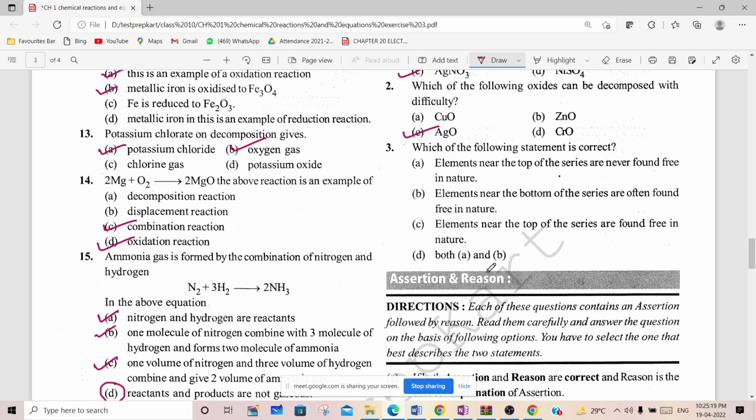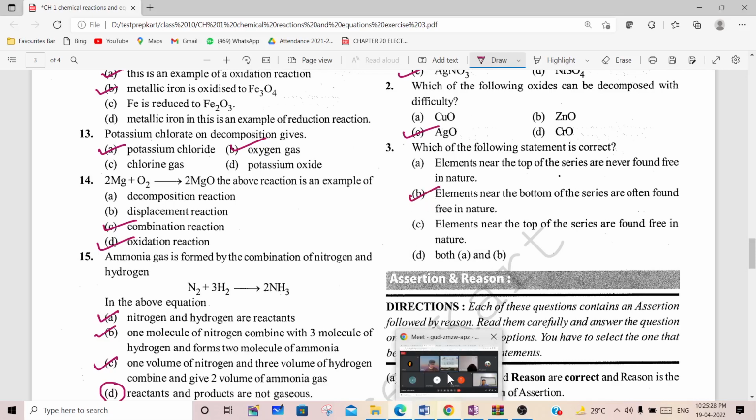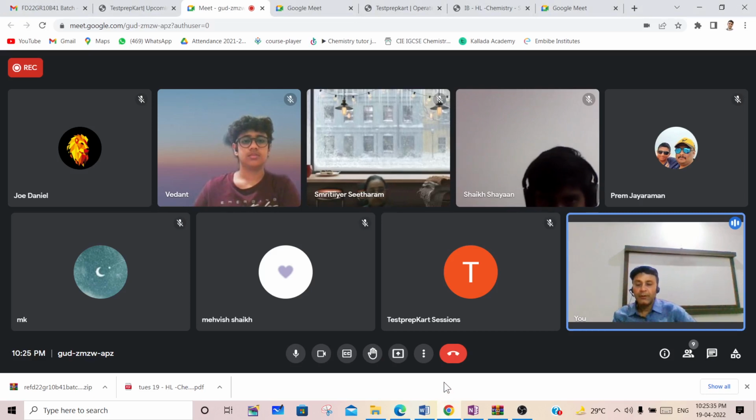Sir, I think D. Yes. Sir, it can be A also, right? Yes, A option is right. But those who are at the top, they are always found in the free state, right?